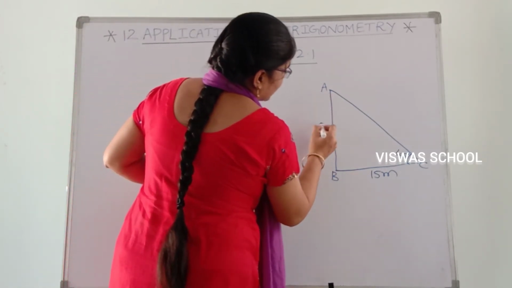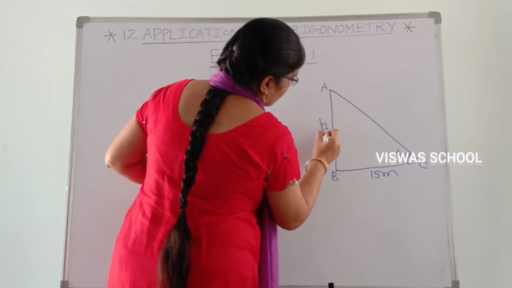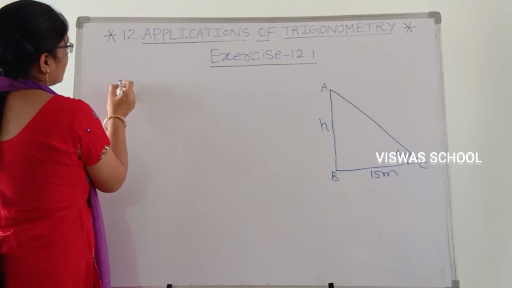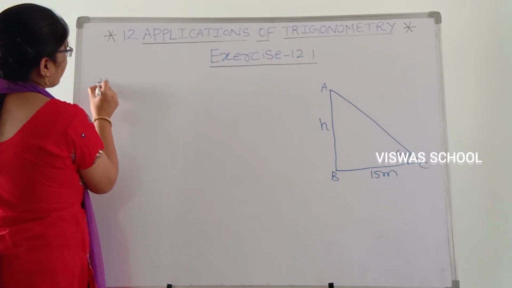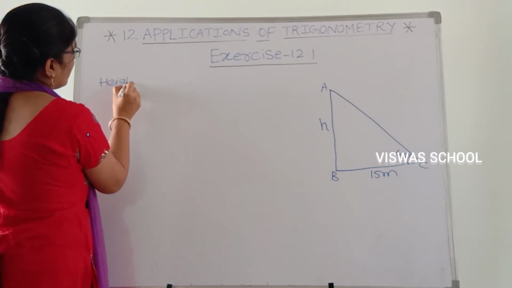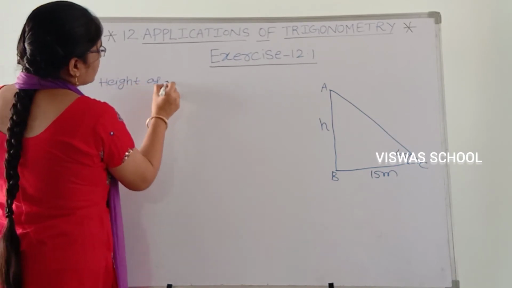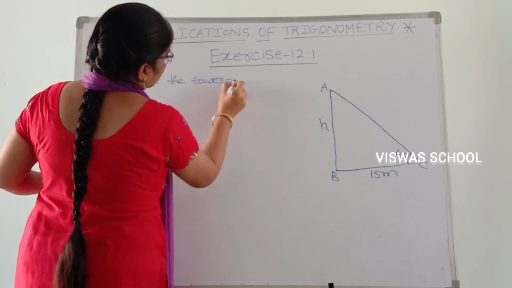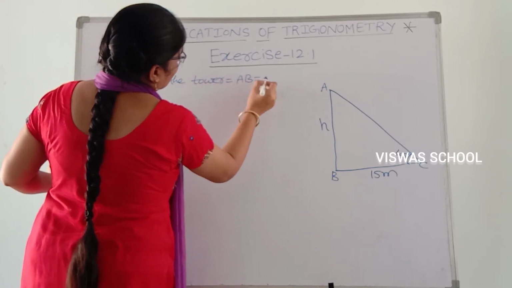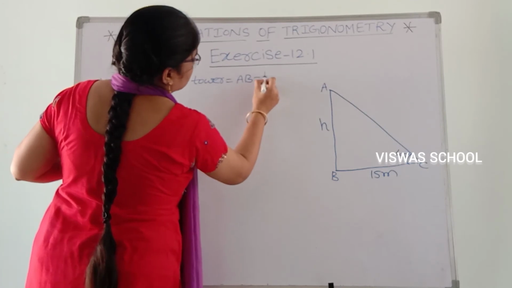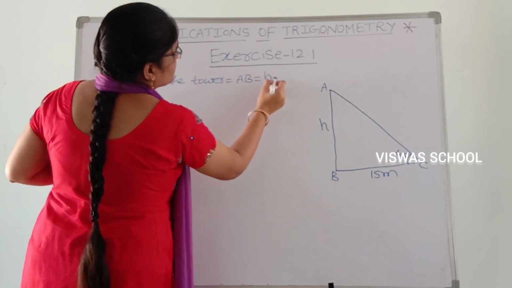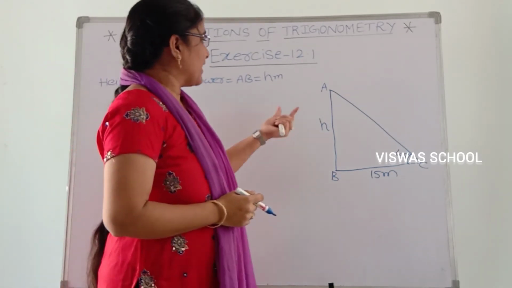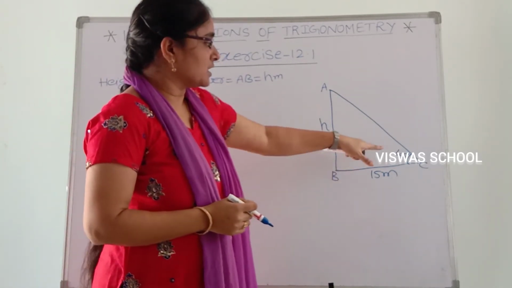Now we want to find the height of the tower. I am taking this as H. Height of the tower is AB, which is H meters.